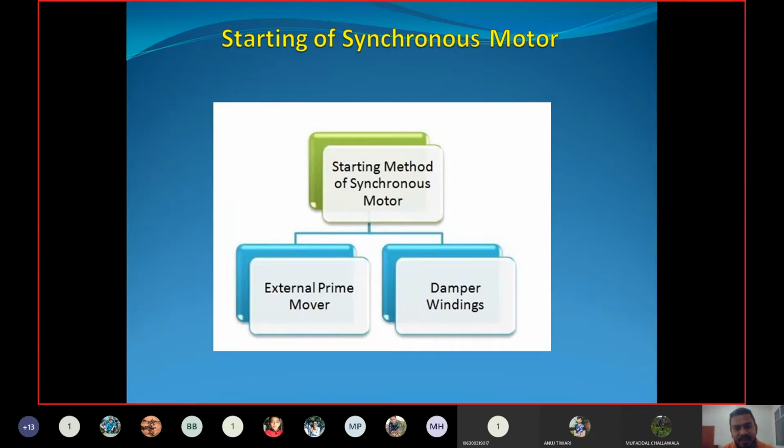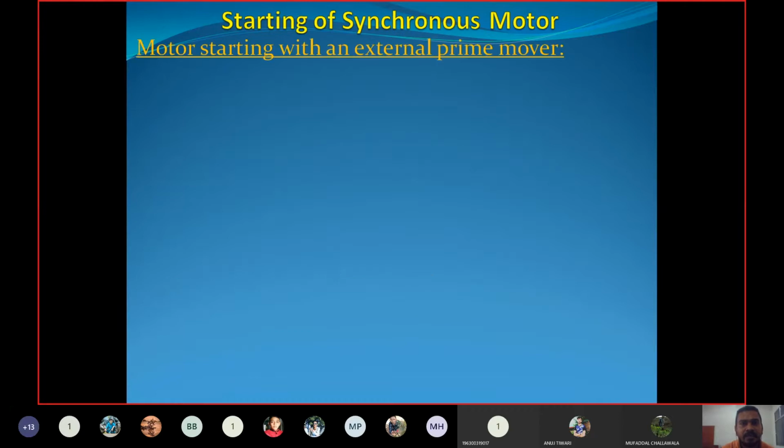In the external prime mover method, we use an external prime mover to rotate the synchronous motor, whereas in the damper winding method we make a modification in the construction: one extra winding is used in the pole shoe of the magnetic pole, and that winding is known as the damper winding. So these are the two main starting methods: external prime mover method and damper winding method.